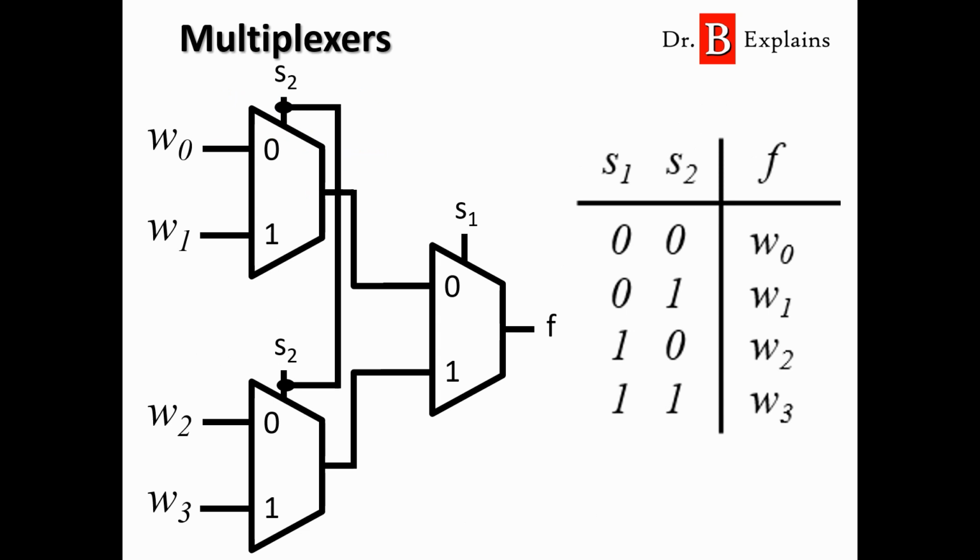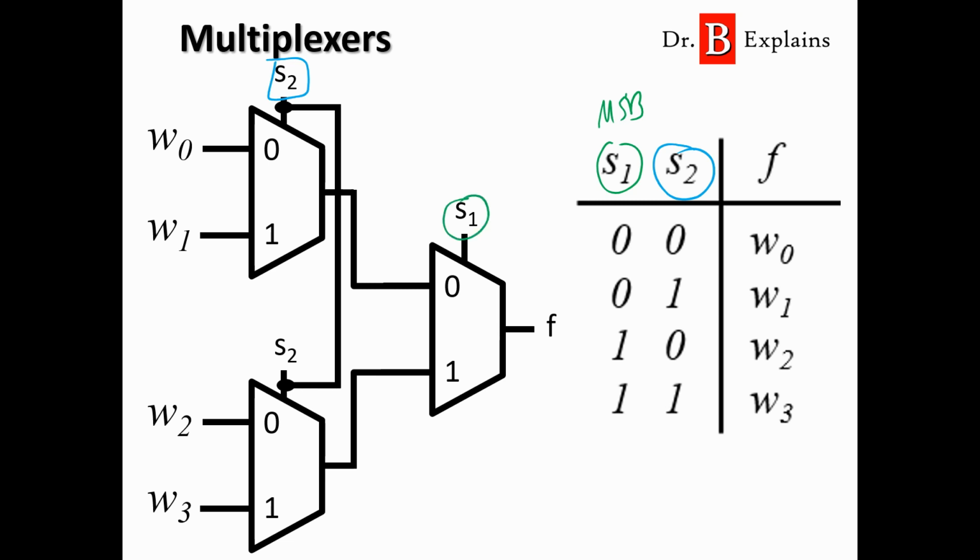So we can also form the 4-to-1 multiplexer using 2-to-1 multiplexers. The key here is to choose the select values appropriately. So S2, that's our least significant select, we're going to put at this level. S1, which is our most significant select, we're going to put here.